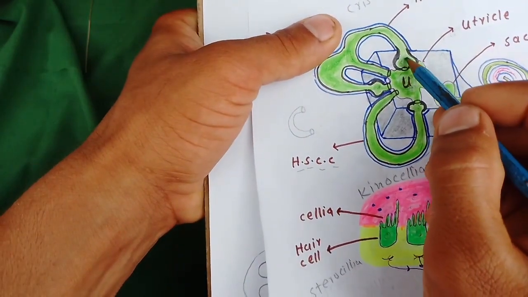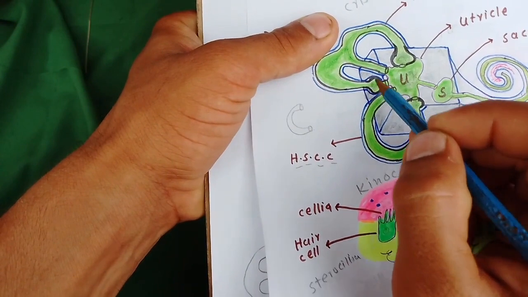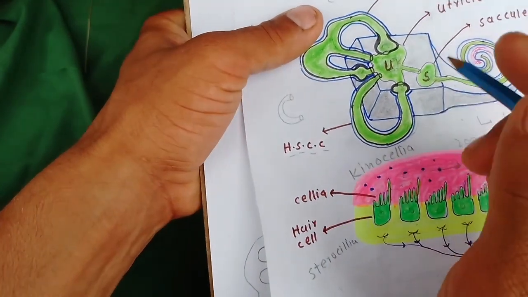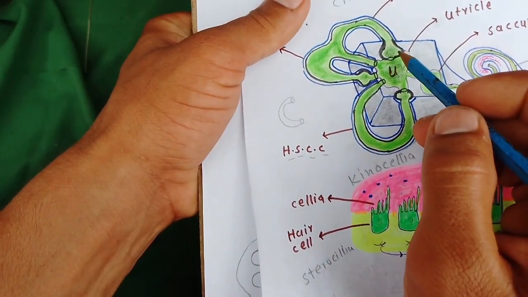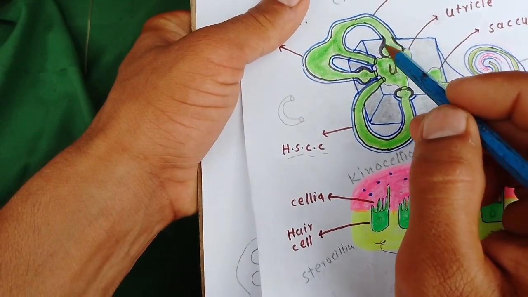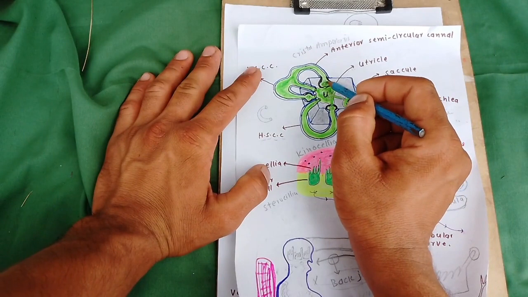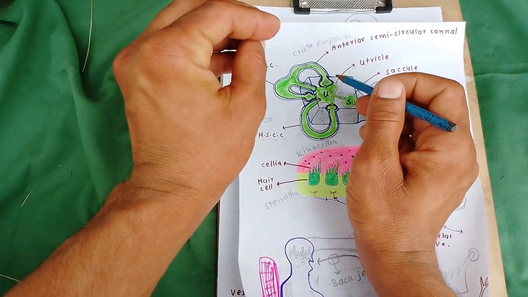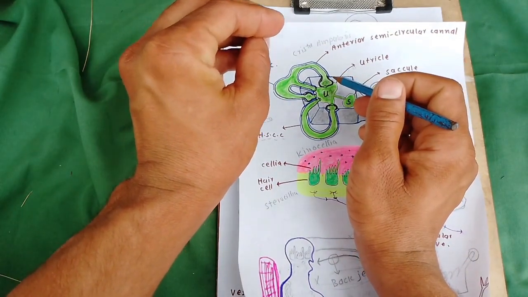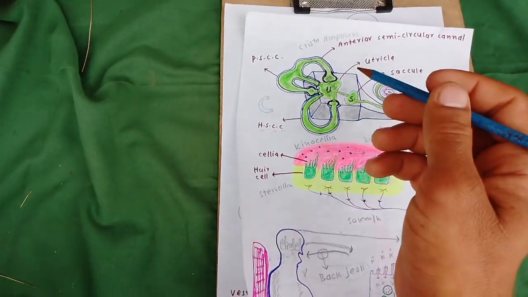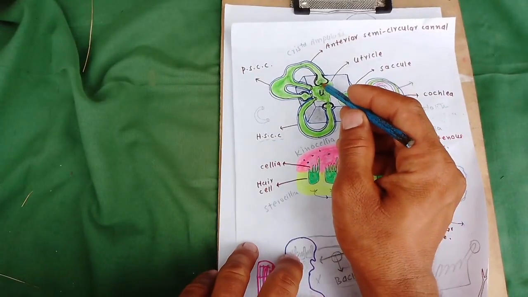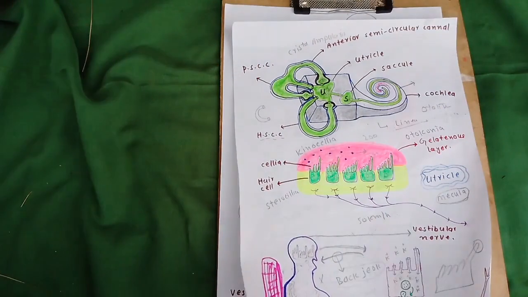The receptor organ is present in the wide area, 1, 2, 3, okay. So the semicircular canals open into the utricle by five openings, okay. There is present the crista ampularis. The crista ampularis is the receptor organ, okay. It detects changes during rotatory motion.